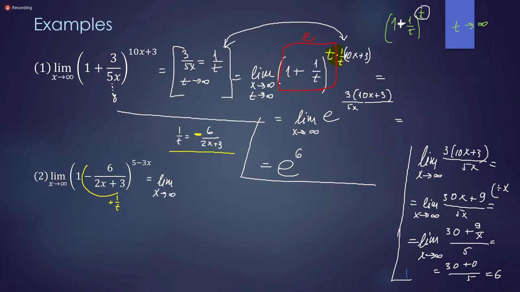We want t, but to cancel it out, to balance things, we need to again multiply by 1 over t and multiply by the actual exponent, which is 5 minus 3x. Now in this case, again, I will mark what is e. Let's make it green this time. This is e, actually. So now we can write.